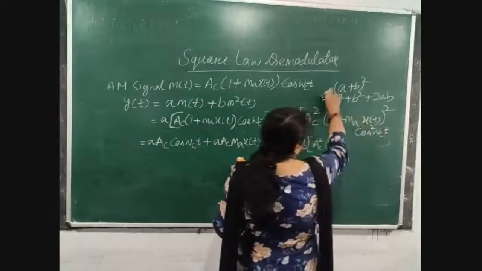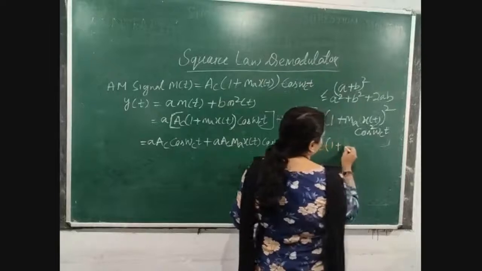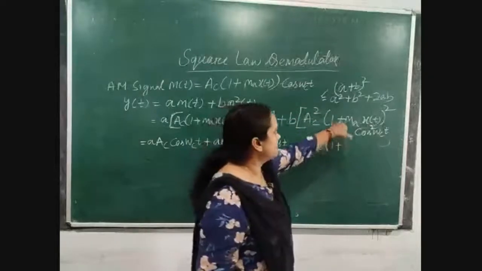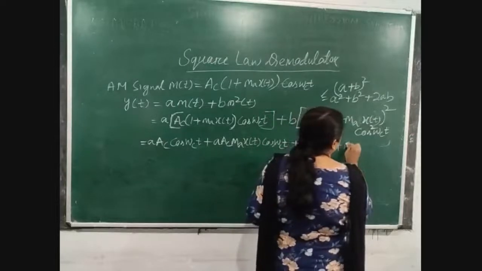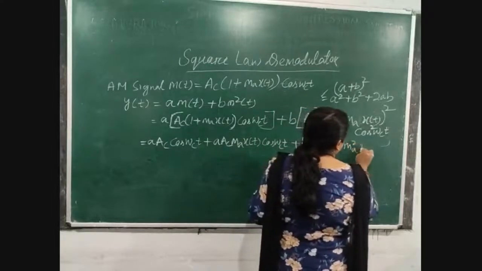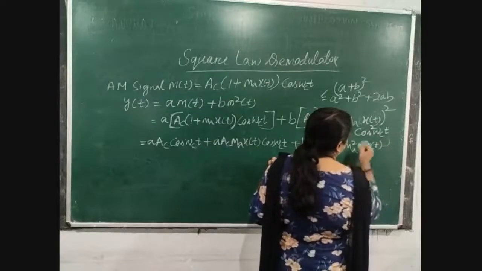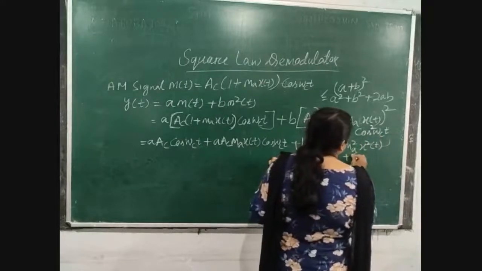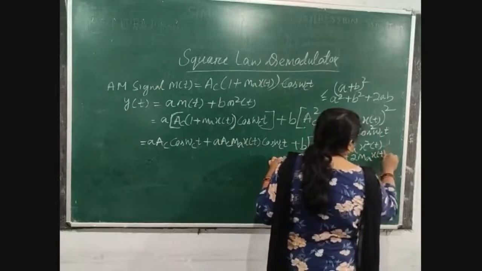Here we apply this formula: 1 plus ma square x square of t, then 2 ma x of t.